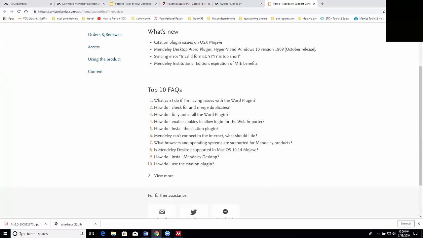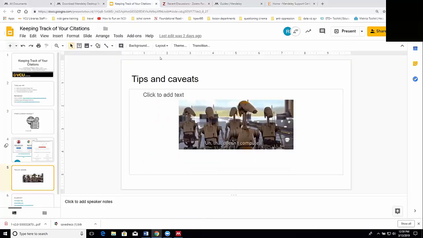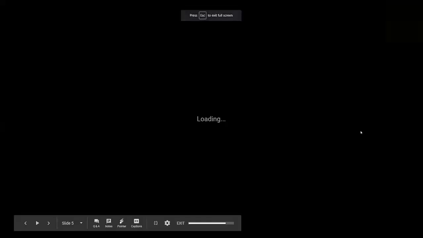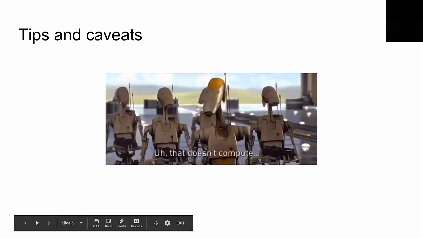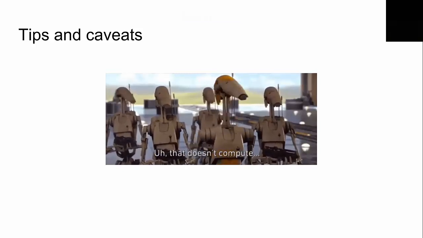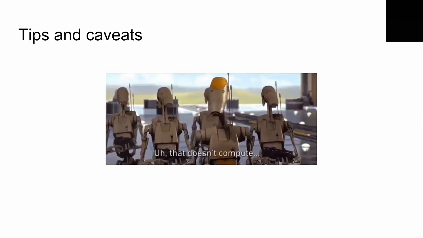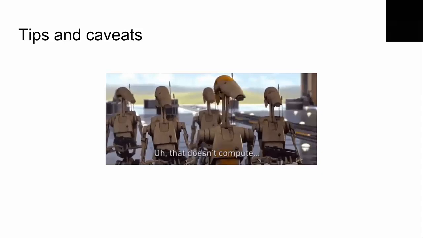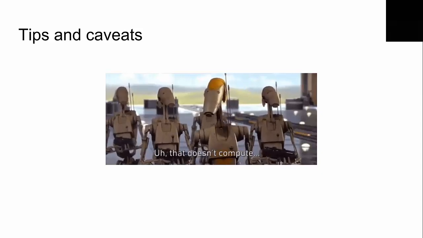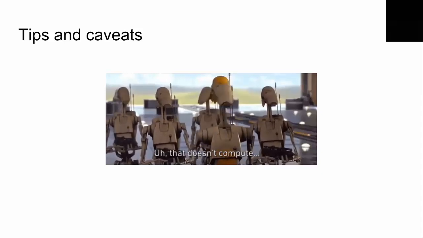So we have one minute left and we just want to talk really quickly about tips and caveats. This is something that Rachel has mentioned: errors in how the citation information is entered in the database or website where you're taking the information from will of course make errors in your citations, so make sure to check them.